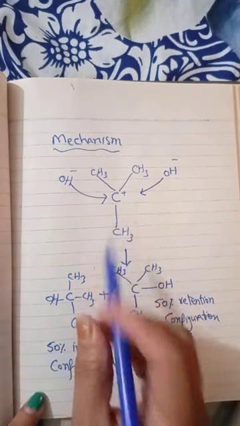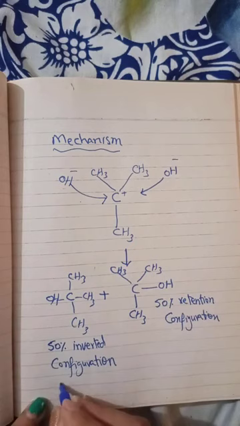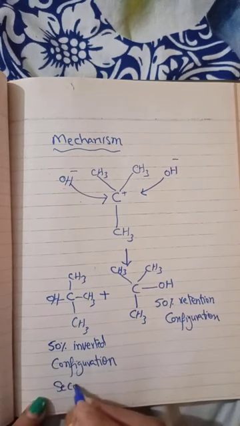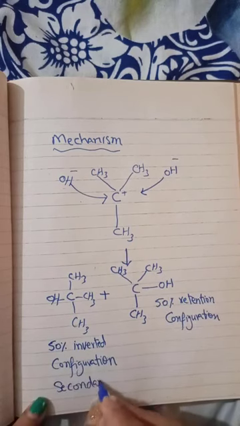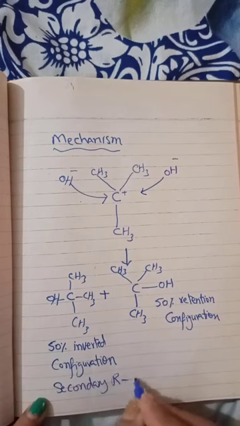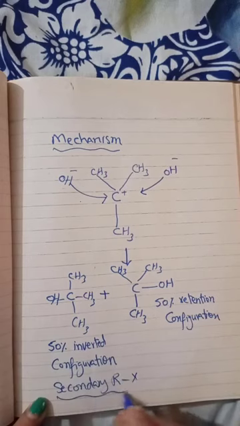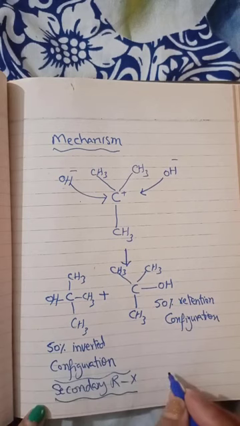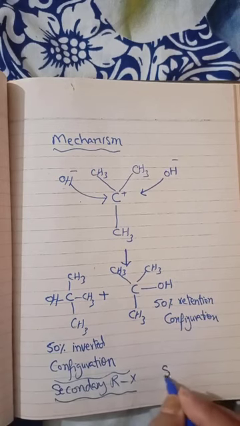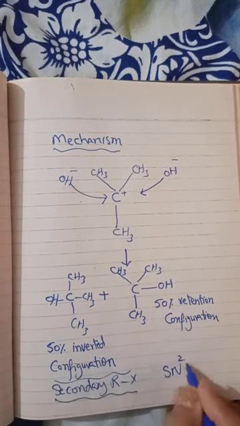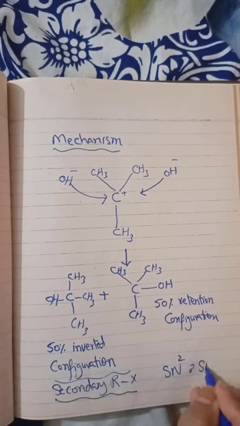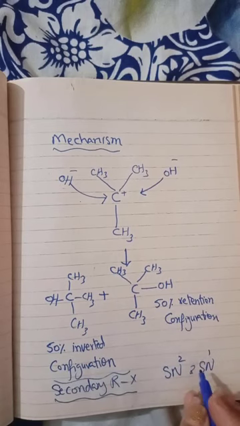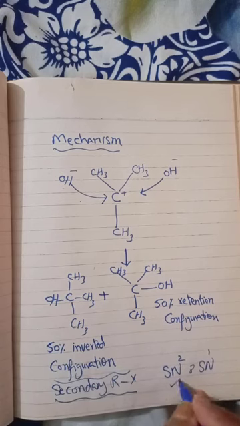Now what happens with secondary alkyl halides? Secondary alkyl halides give both types of reaction, SN2 and SN1. Both nucleophilic substitution reactions are possible, bimolecular as well as unimolecular.